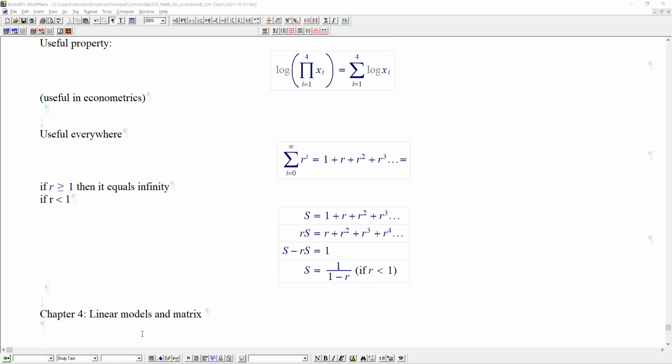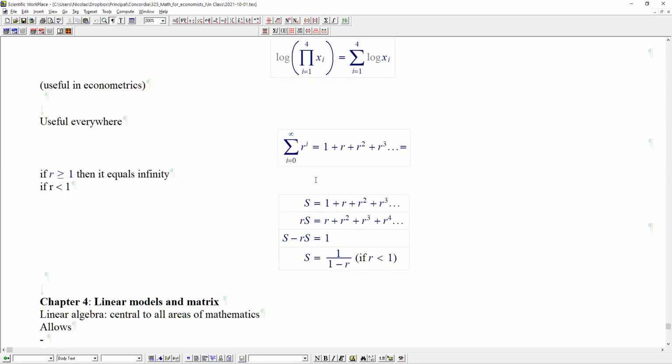Linear models. Let me quickly justify this. This is the most important chapter, so it's central to all areas of mathematics. What can I do with it?